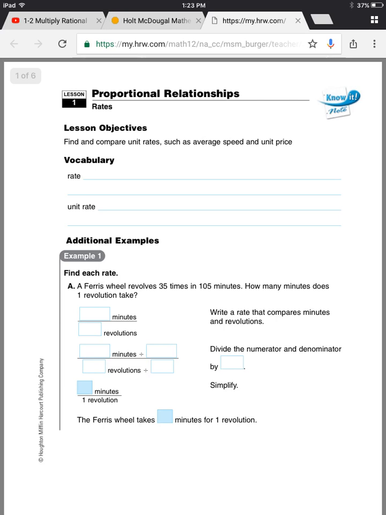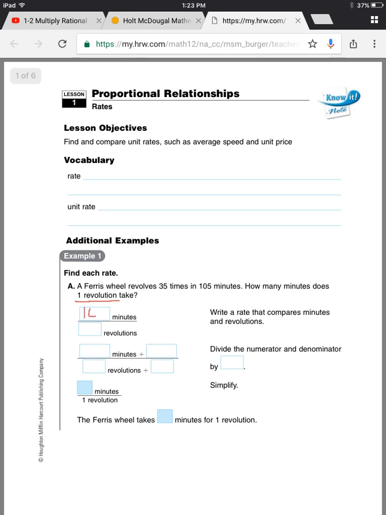We're looking at a Ferris wheel that revolves 35 times in 105 minutes. How many minutes does it take to do one revolution? So we are writing a rate that compares minutes and revolution. It wants to know how long one revolution takes, and because a unit rate has a denominator of 1, revolutions goes on the bottom.